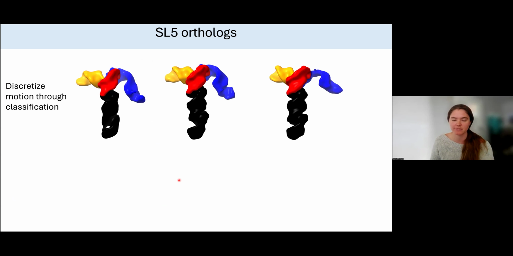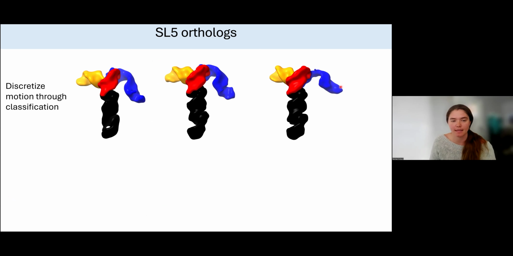So for example, in the beta coronavirus SL5s, we were able to classify out 3 different structures. And you can see they are really just differing in their positioning of this down all the way to an up form.